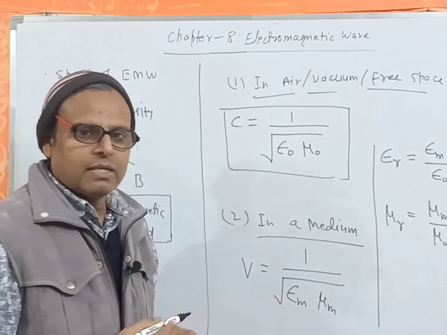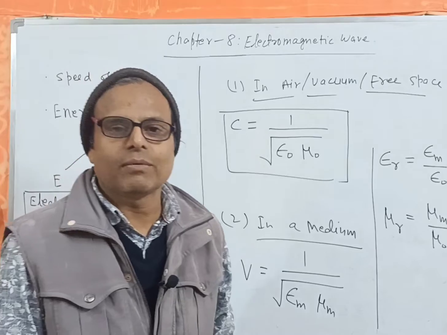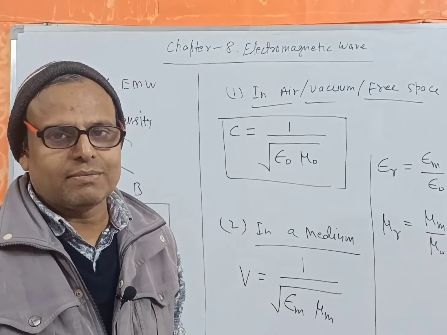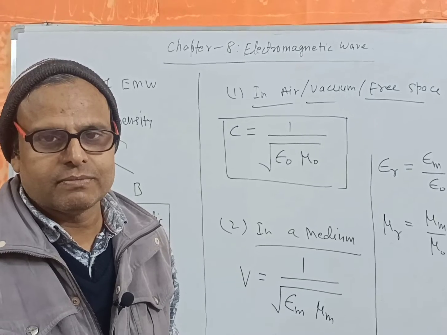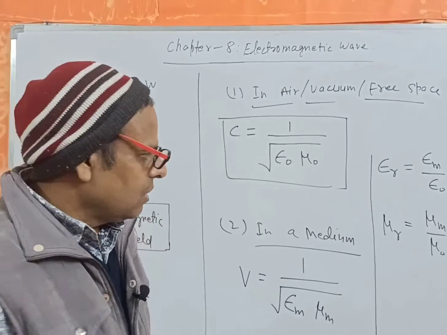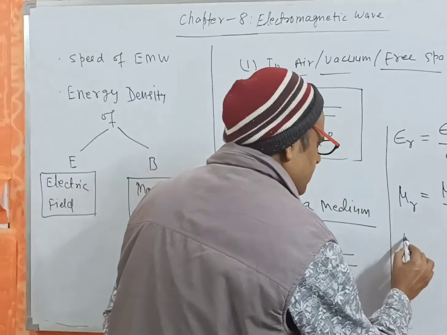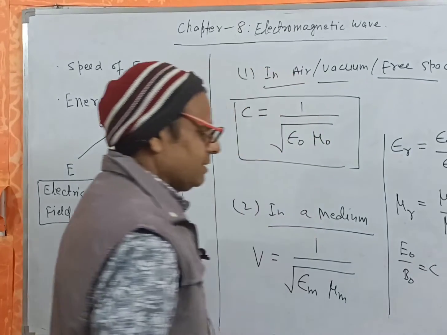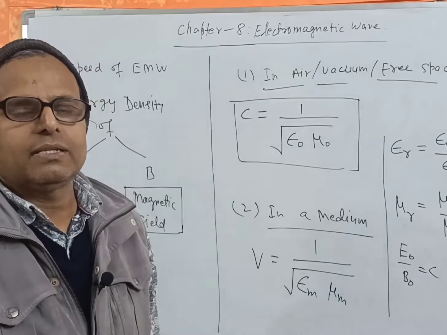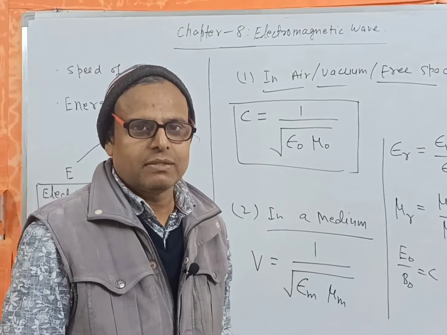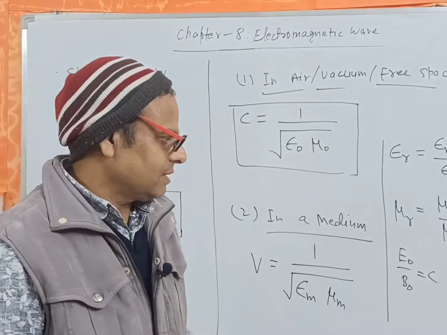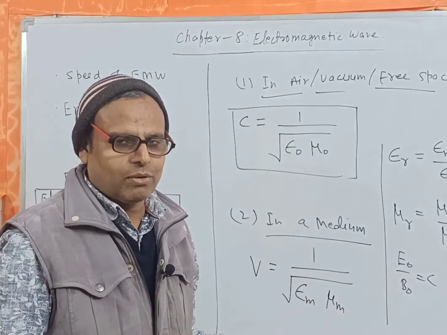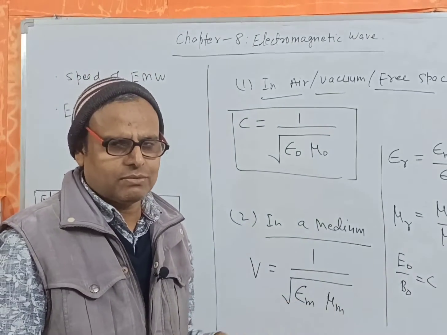In several numerical problems, this important concept is used. Also, E naught by B naught is equal to c, the speed of light. It helps where the relation is required, and in numerical problems it might be used.